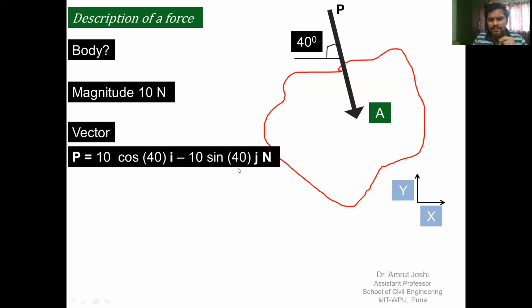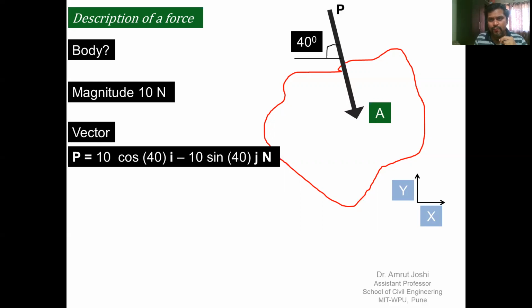And minus 10 sin 40 is its y component and it is in downward direction, but y is positive upwards, therefore it is minus 10 sin 40. So vectorially, I have represented this force P in this fashion.